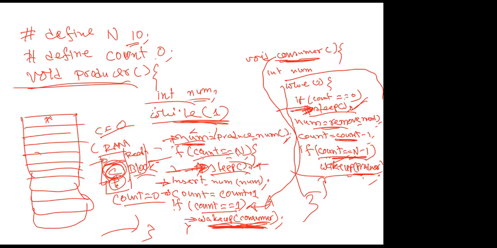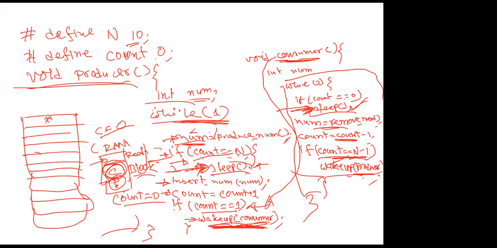Your program can be preempted at any instruction. After the if condition, if the producer process got preempted, then both processes can end up in block state.